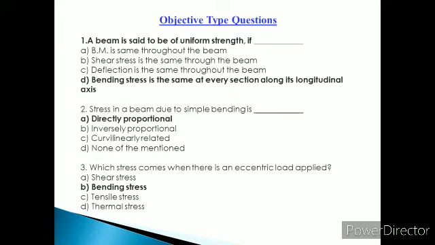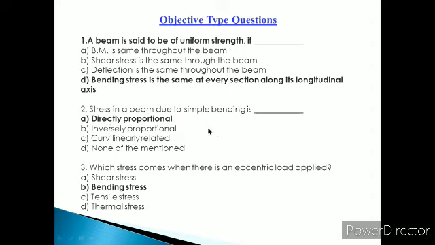What is the reason? Second one: the stress in a beam due to simple bending is directly proportional, inversely proportional, curvilinearly related, or none of the mentioned. The answer is directly proportional.